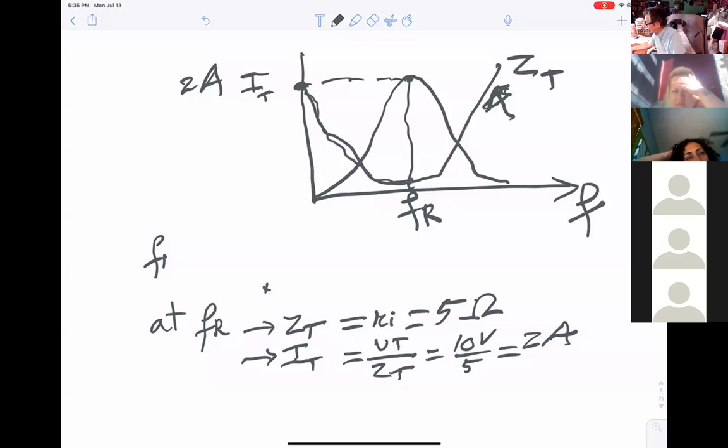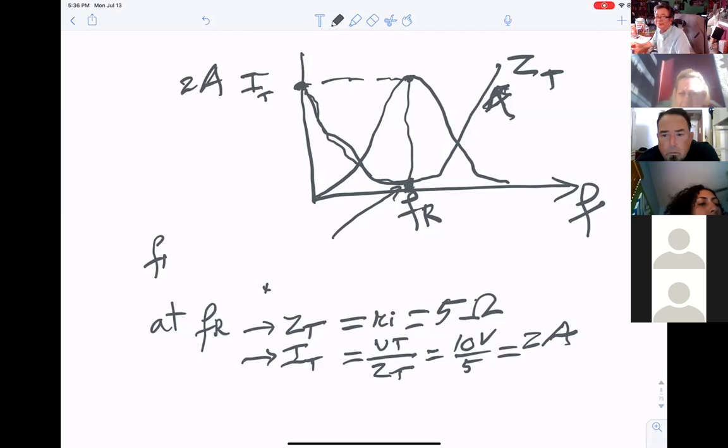minimum impedance right here. So you still see I get a little here, a little right here. What's the value? They do not go down to zero, but we still get something.